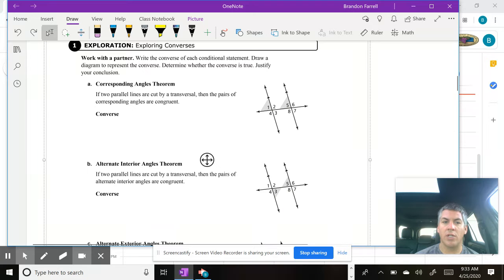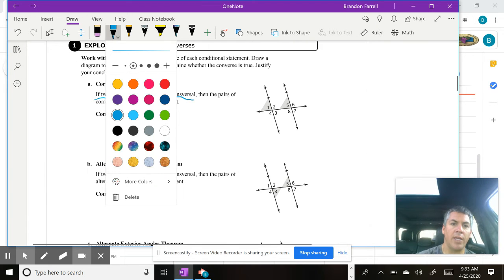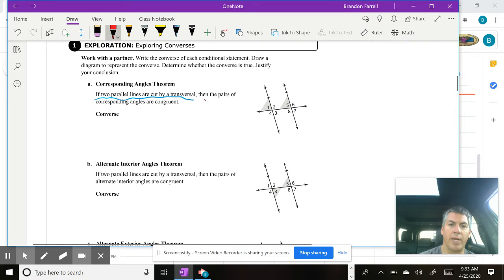If you have two parallel lines cut by a transversal right here, and then pairs of corresponding angles are congruent, well, we're just going to write that in reverse.